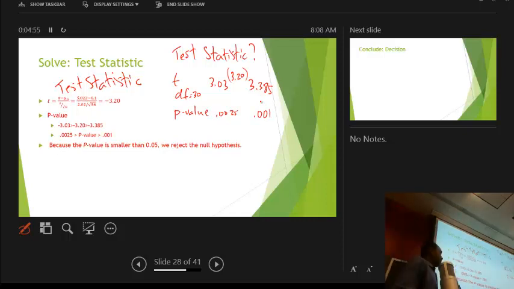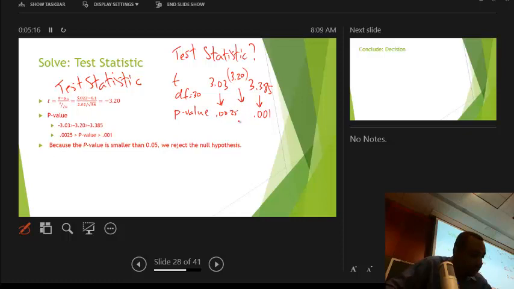And then you just use your mathematical reasoning, right? If one critical value gives you this as a p-value, and the other gives you 0.001 as a p-value, and my statistic is in between those, then guess what? My p-value is in between these two numbers.